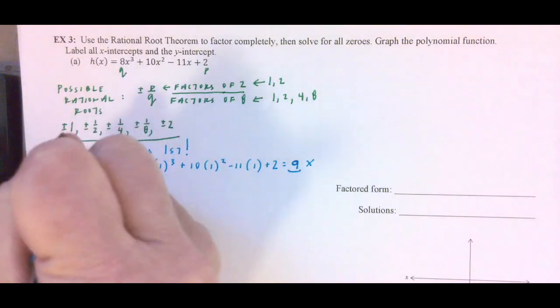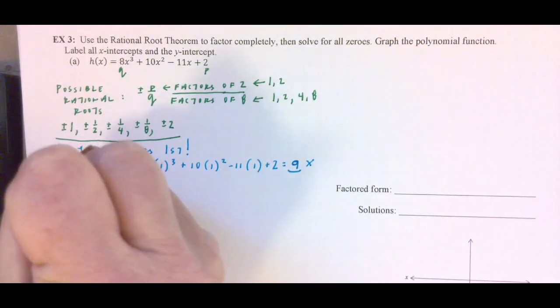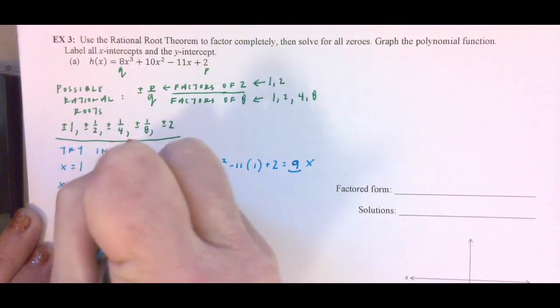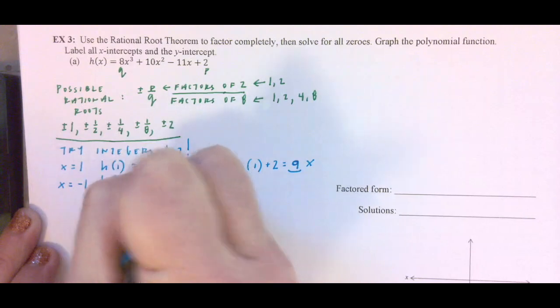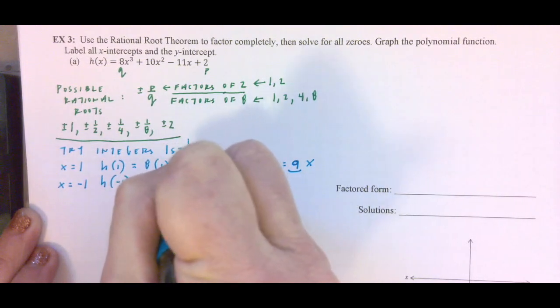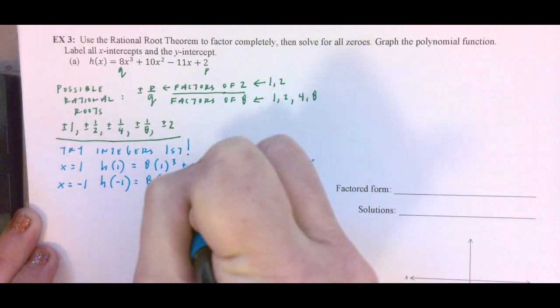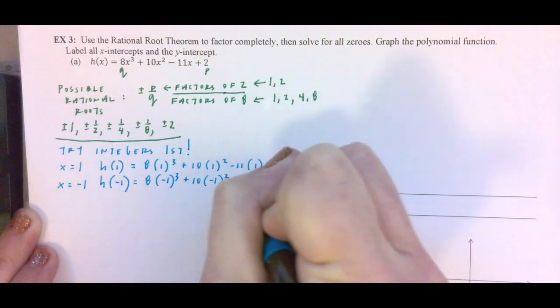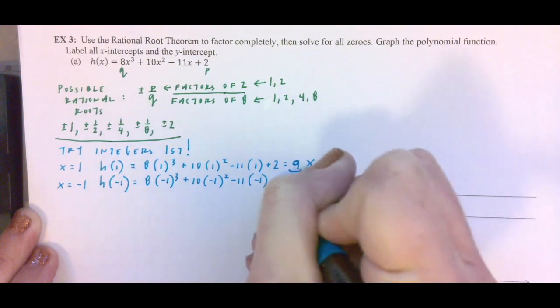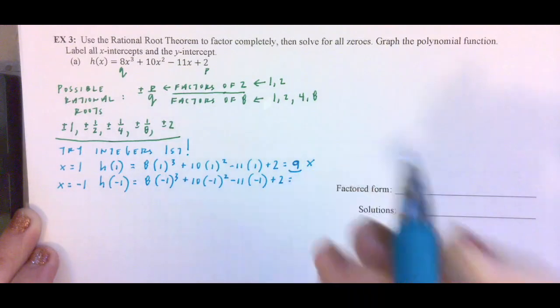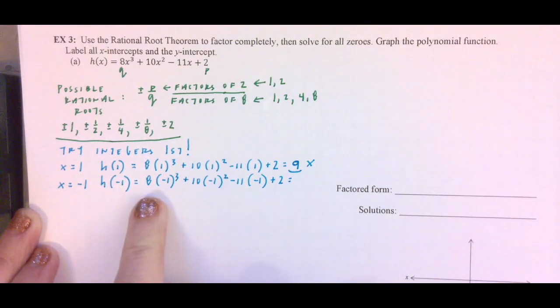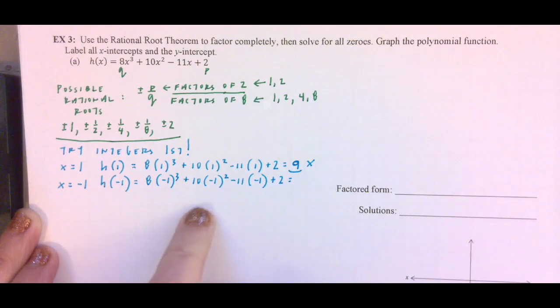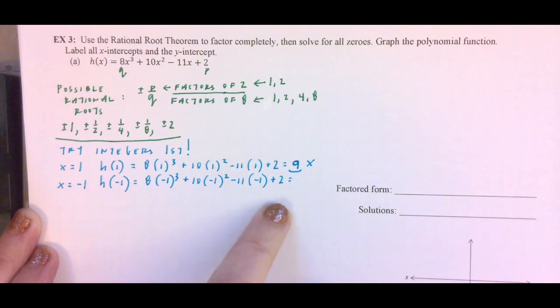Let's keep trying things. Let's say I try negative 1. h of negative 1. What does that give me? 8 times negative 1 cubed. 10 times negative 1 squared. Minus 11 times negative 1 plus 2. So that would give me negative 8 plus 10 plus 11 plus 2.